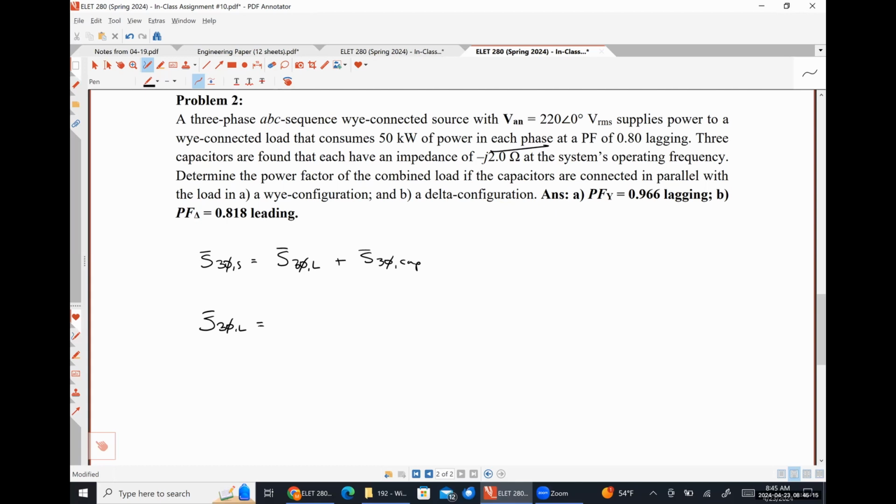So we have average power. We don't have the impedance of our load at all. We only have the impedance of our capacitor bank. So we have our average power here, which is the power per phase. We also have the power factor. So we are doing literally the exact same thing that we've been doing for a month at this point. If we know average power and we know power factor, that's all we need to know to get complex power.